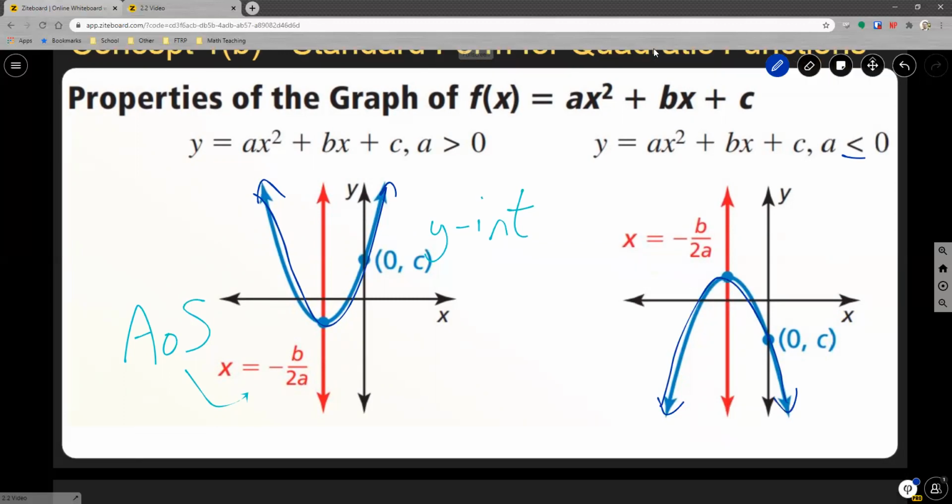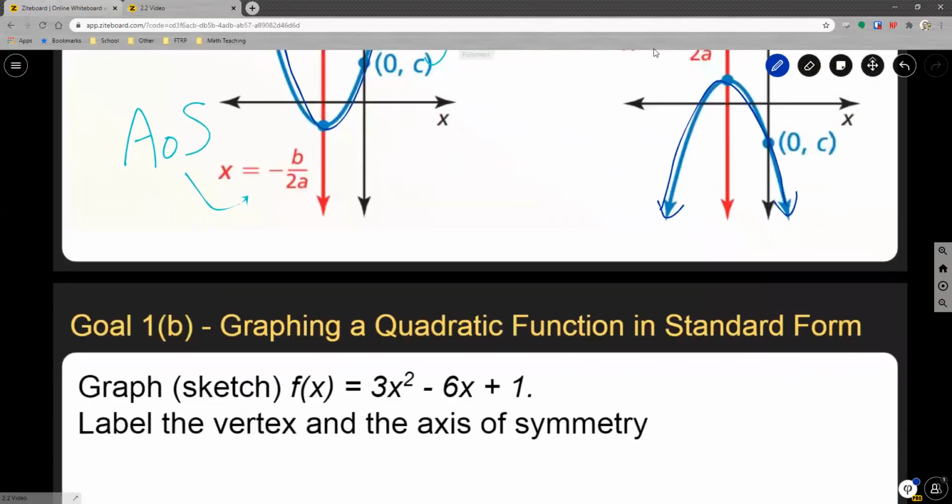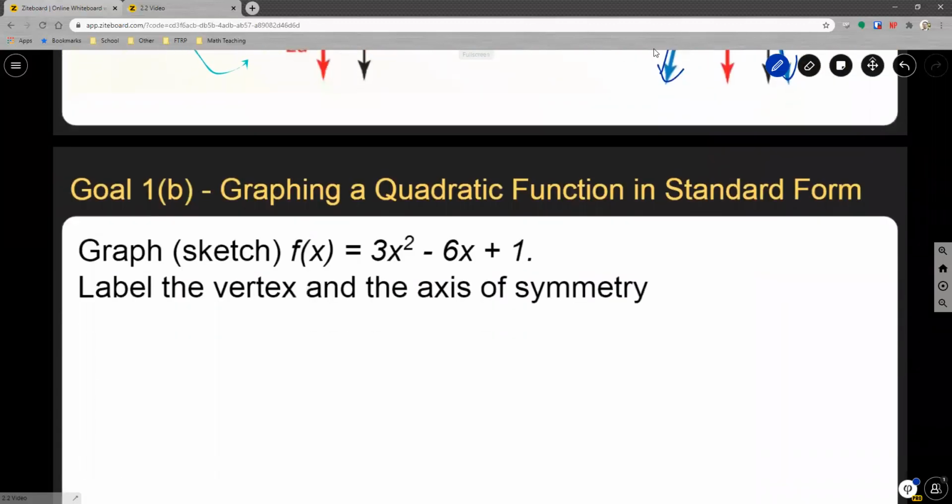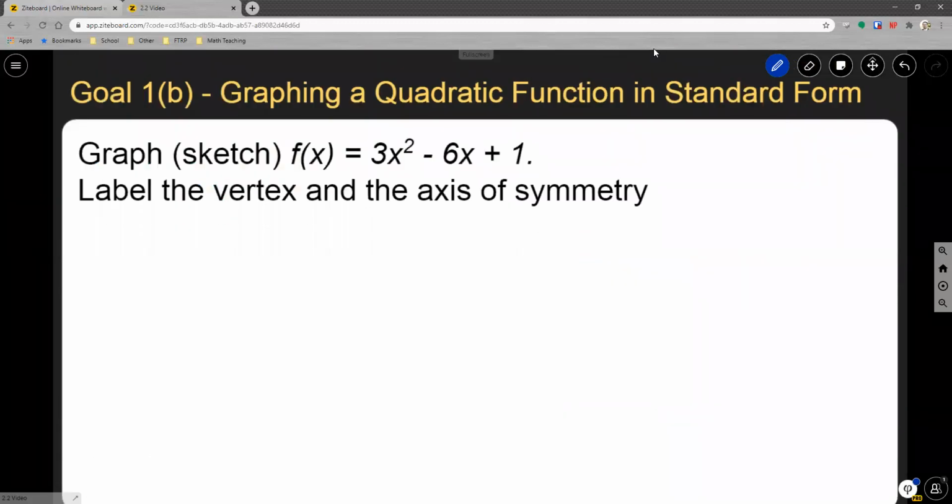All right, let's continue along. So goal 1, part B. Again, we're going to be sketching the function f of x equals 3x squared minus 6x plus 1. And what we want to do is label the vertex and the axis of symmetry.